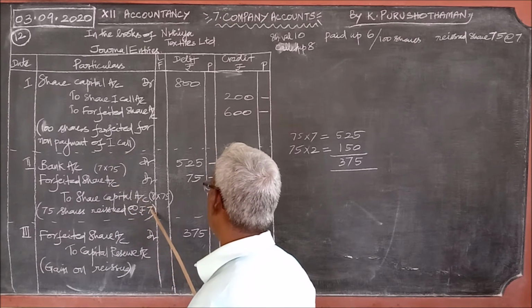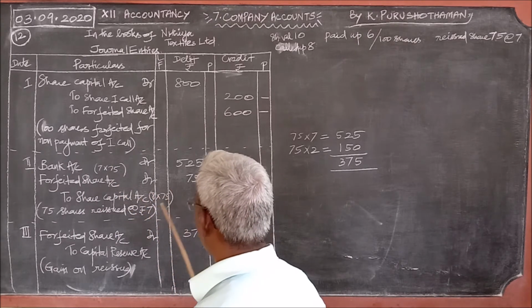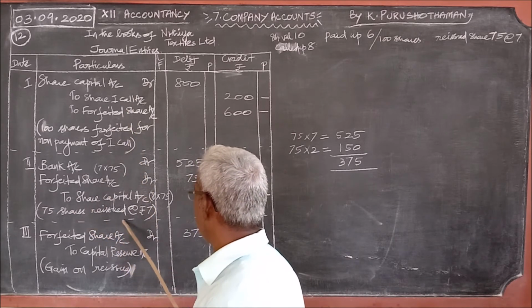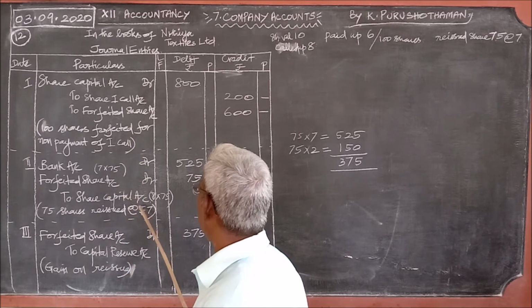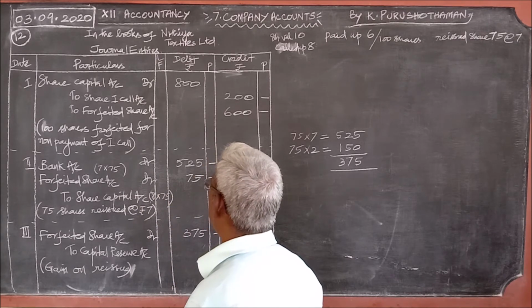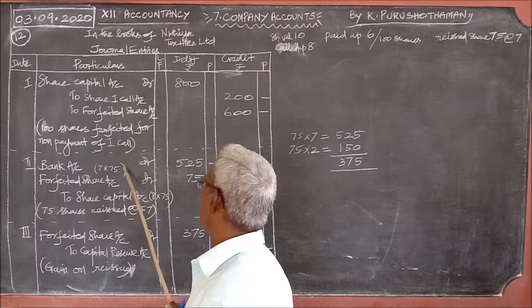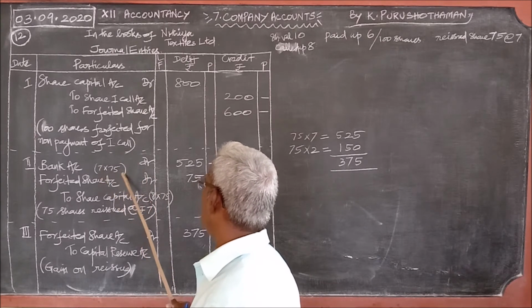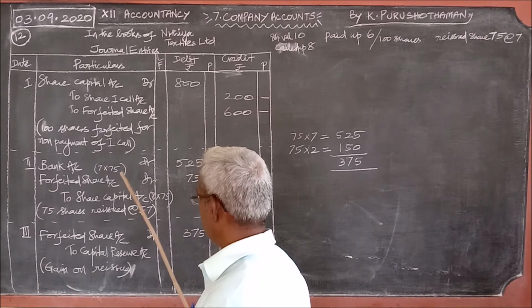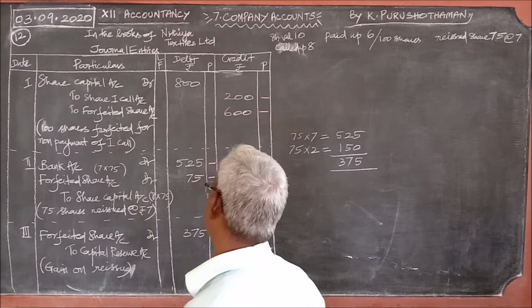Just now I said only 75 shares were reissued, not all the 100 shares. Therefore 75 into 8 rupees, 600 rupees we should fill out. But how much will the bank receive? 7 into 75, 525. Therefore the balancing figure 75 must be the forfeited share account.